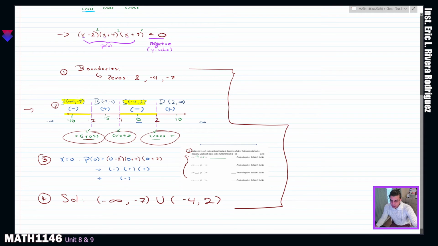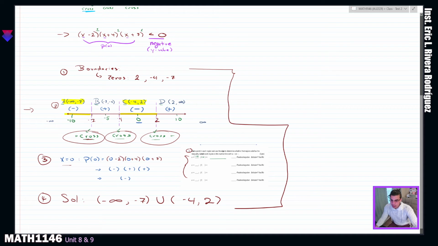So if you want to just evaluate one region and then determine the sign of all the regions based on the x-intercept behavior, you need to write something that identifies the behavior of those zeros. What I just did is going to be good enough. Cross, cross, cross. If I see this, then you will earn all the credit.